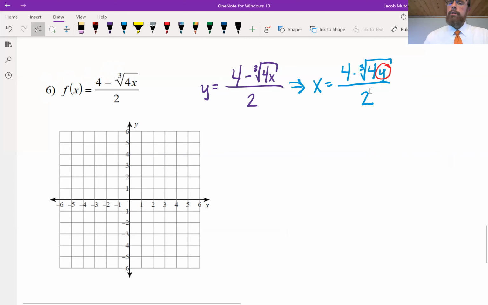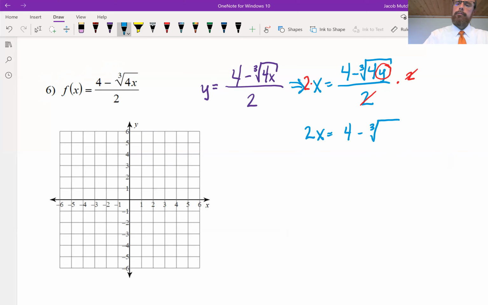So what I would start with is this denominator of 2. I'm going to cancel the denominator of 2 by multiplying the right side by positive 2. 2 divided by 2 is 1. I'll record that on the left. That time I've got now 2x equals simply 4 minus the cube root of 4y.